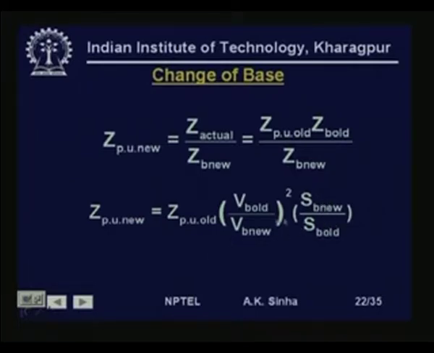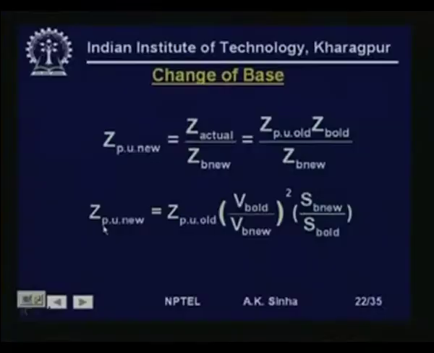If we substitute that, this is the relationship that we will get: Z per unit new is equal to Z per unit old into (V base old divided by V base new) squared into S base new by S base old. So, if we know the old values, or the equipment value at a particular base, and we want to convert it to another base, we can find out the value of the impedance at the new base values.